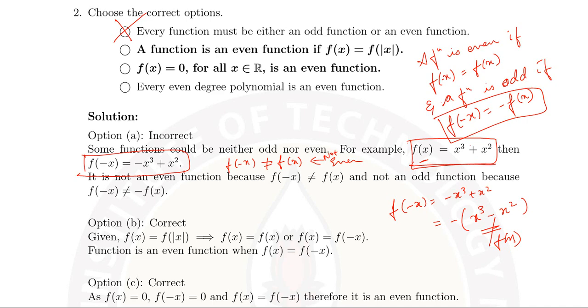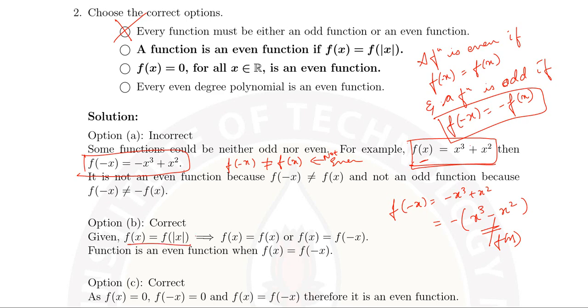Now let's try to understand the other option and check whether it is right or wrong. A function is an even function if f of x is equal to f of mod x.